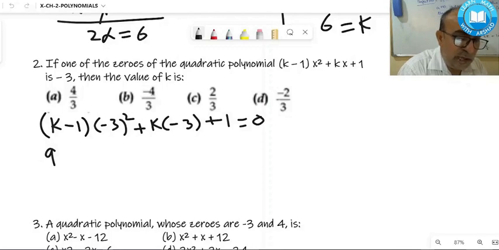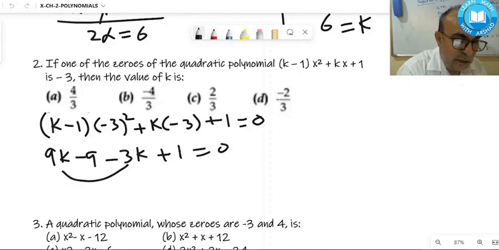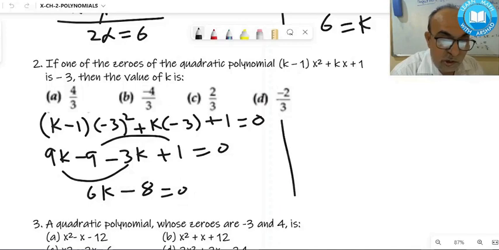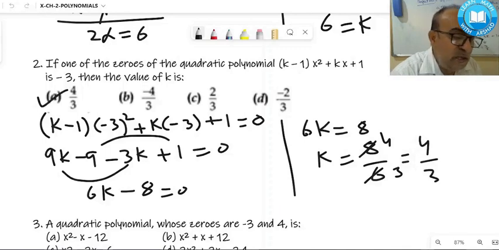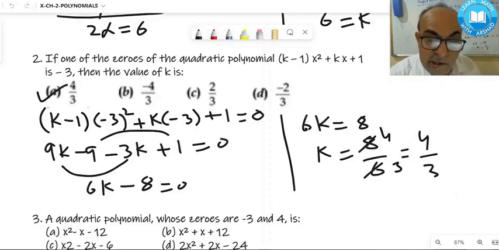So 3 square is 9, so 9k minus 9 minus 3k plus 1 equals 0. So 9k minus 3k is 6k, and minus 9 plus 1 is minus 8, equal to 0. So 6k equals 8. So k equals 8 by 6. Dividing by 2, k is 4 by 3, means first bit is the correct answer.